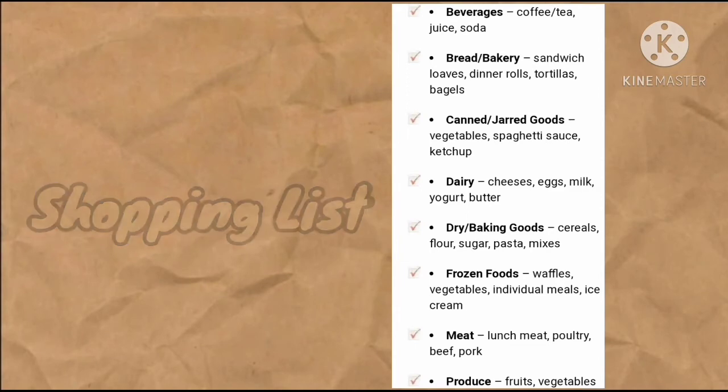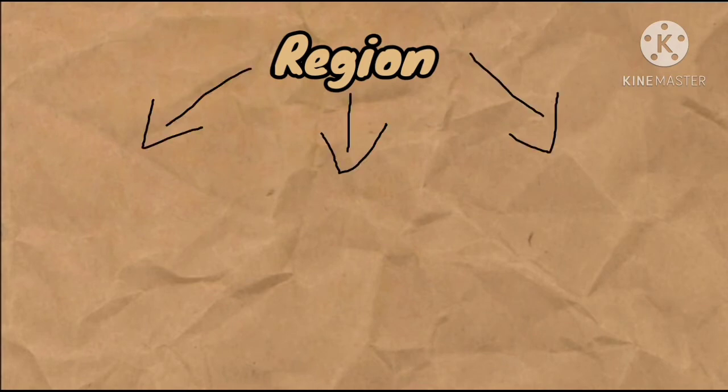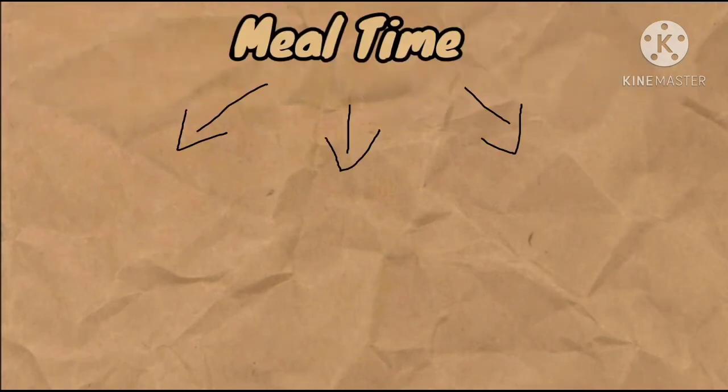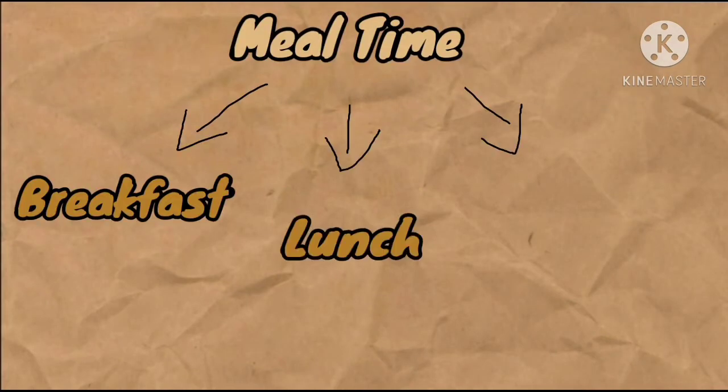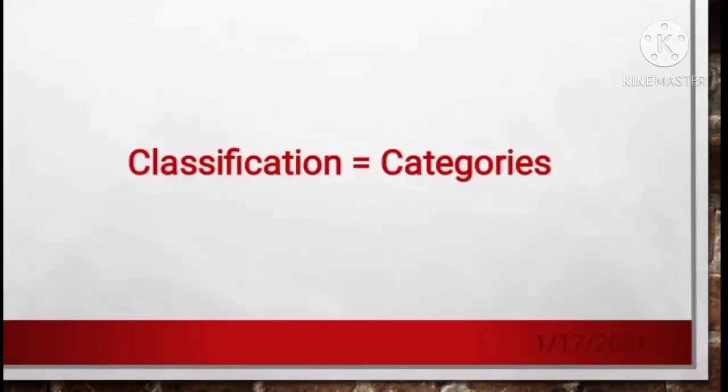There are several ways to classify something. Another example is you can classify food by region, French, Japanese, and Filipino, or you can classify food items by mealtime, breakfast, lunch, and dinner. The possibilities are limitless. It's taking one main subject and breaking it into categories or groups.